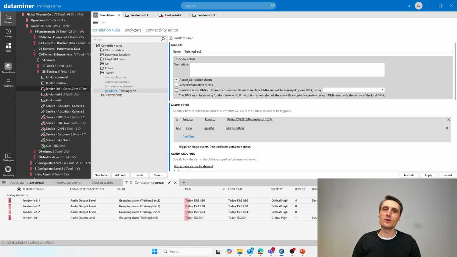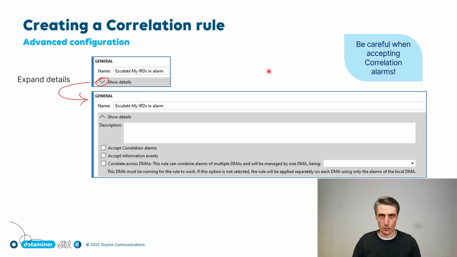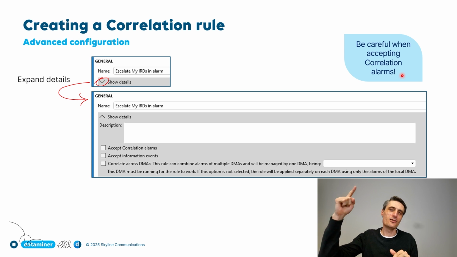And the first one here, accept correlated alarms or correlation alarms. Be careful when accepting correlation alarms, because you can generate correlated alarms. If you trigger on correlation alarms, you can basically trigger on yourself.